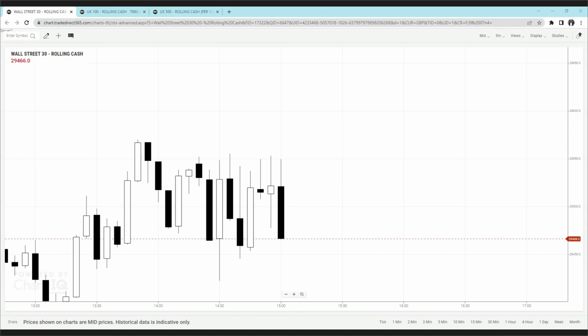Click half here at 65, 66. Stop loss to 29,510, 12. Okay. So plus 40 on.